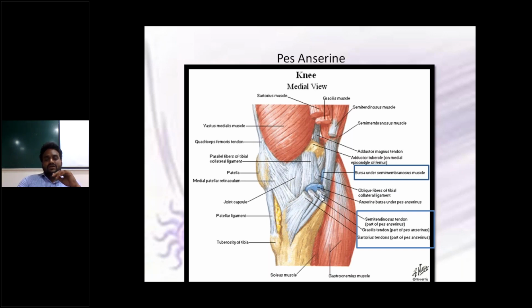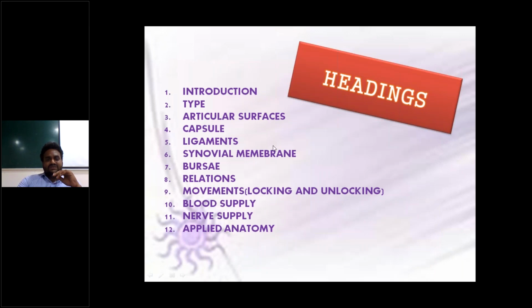What are the 3 muscles? Sartorius, gracilis, and semitendinosus. Deep to these 3 muscles there is one more bursa, the pes anserine. This is a 3 marks question. So these are the bursae associated with the knee joint.